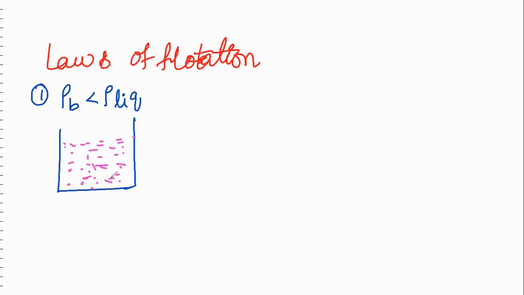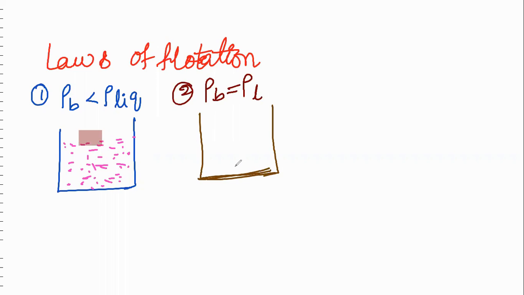If the density of the body is equal to the density of the liquid, then the body may be anywhere between the surface of the liquid to the bottom of the liquid.